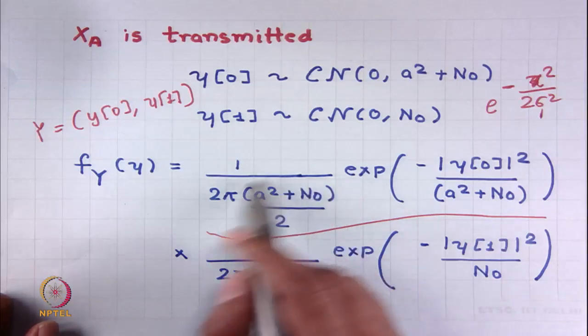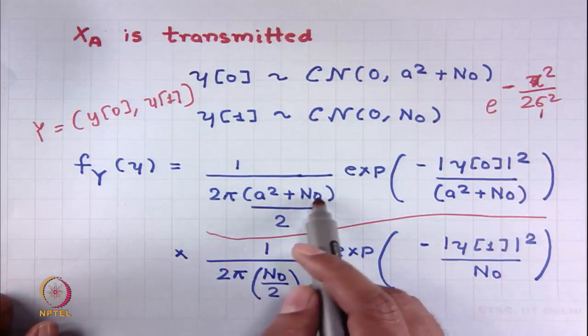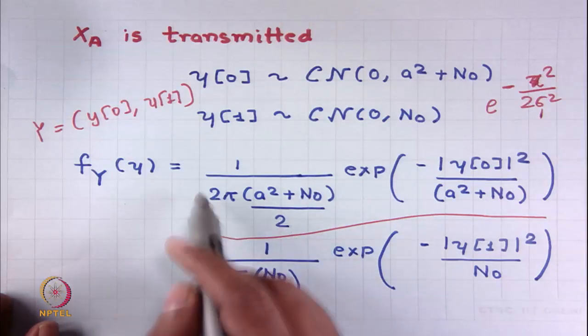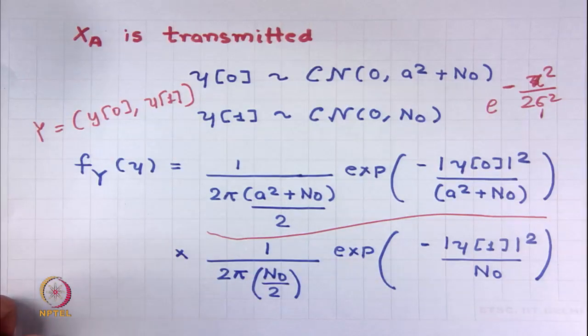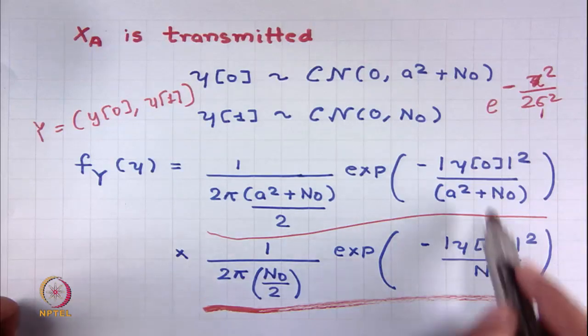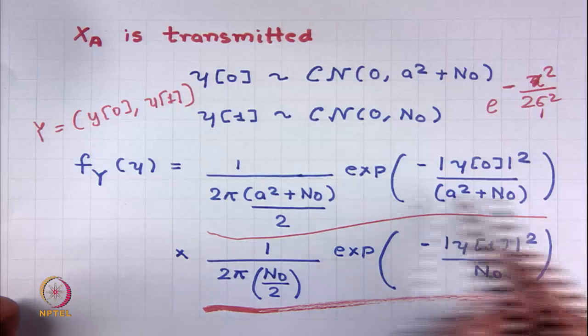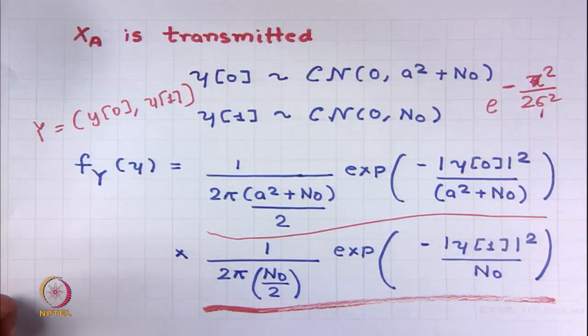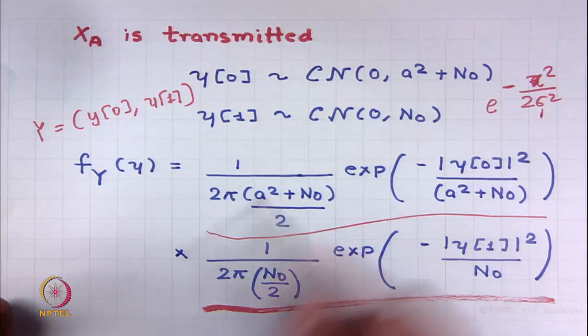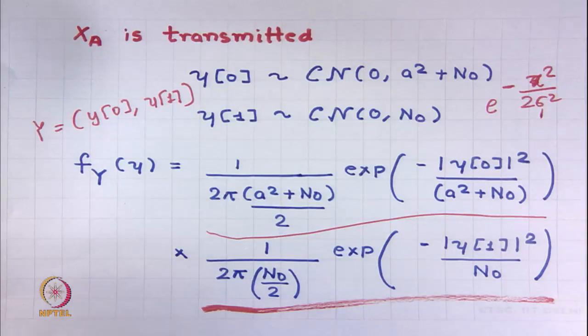So, sigma square in one real dimension is simply A square plus N naught by 2, and again this factor 2 will cancel out. Similarly, you can find the marginal PDF of Y1, just the variance in this case is N naught instead of A square plus N naught. Okay. And multiplying these two terms, we can get the PDF of Y.